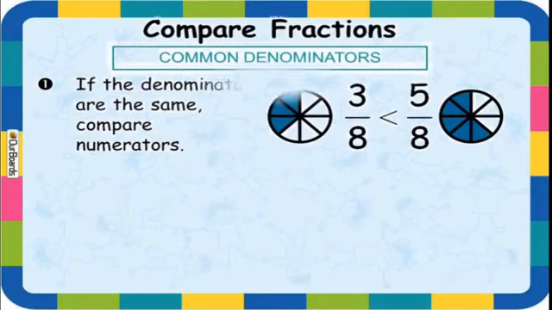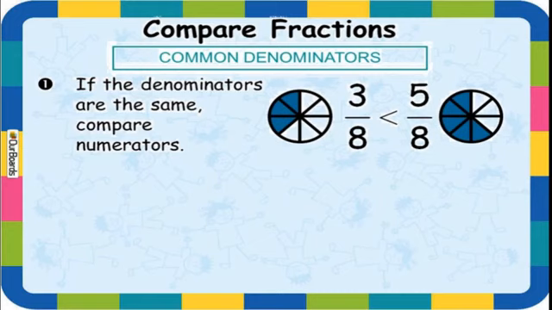Students, we will compare the fractions. Here we can see 2 circles. In the first one, 3 parts are colored out of 8 equal parts. And in the second circle, 5 parts are colored out of 8 equal parts. Yes, this is a like fraction, both having 8 as the denominator.